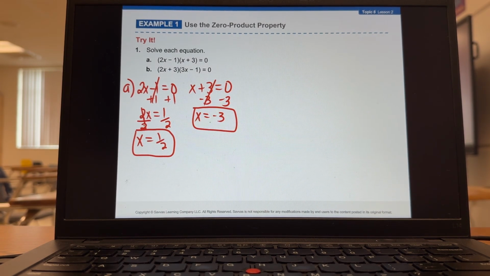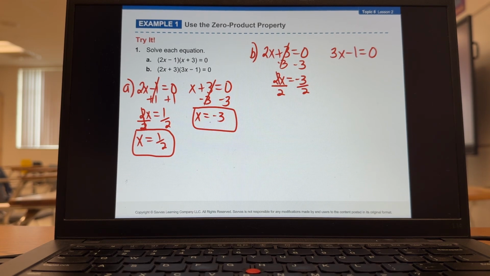When factoring, if something is factorable, that means you are able to solve it. You should be getting either two solutions or one solution. And then letter B, we have 2x plus 3 equals 0 and 3x minus 1 equals 0. Subtract 3. 2x equals negative 3.